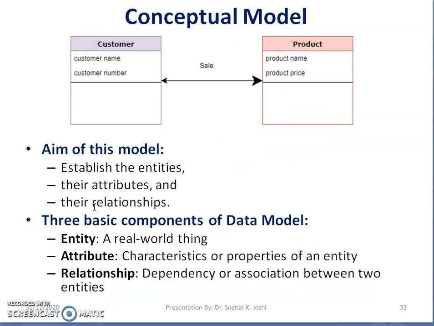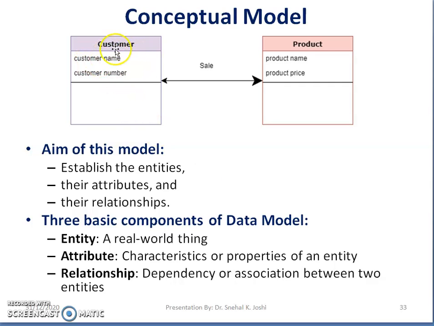Now, if you look at the conceptual model in detail, here is one example. We have customers and product. Customers are basically purchasing products. So the relationship between customer and product is sale. The aim of this model is to establish the entities, the attributes and the relationship.